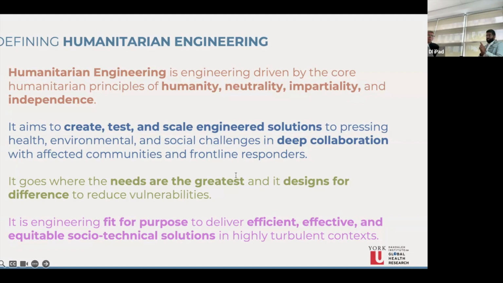What makes humanitarian engineering different is its focus on those principles of humanity and impartiality. It goes where the needs are the greatest, and it designs for difference to reduce those vulnerabilities. And it's engineering that's fit for purpose to deliver efficient, effective, and equitable socio-technical solutions in highly turbulent contexts.